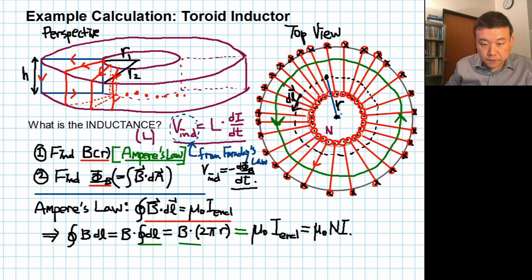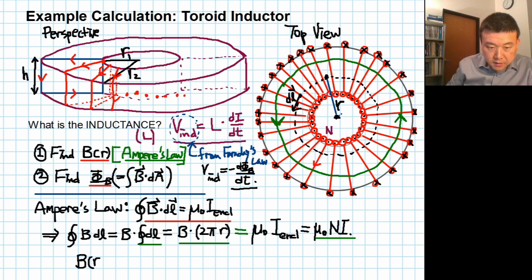Alright, let's solve this for magnetic field. The magnetic field, as a function of radius r, is equal to mu naught N I divided by 2 pi r.